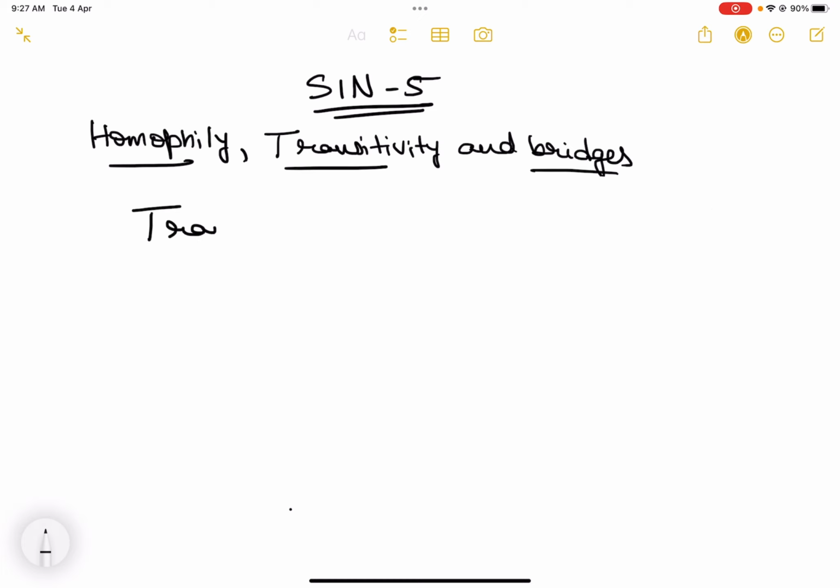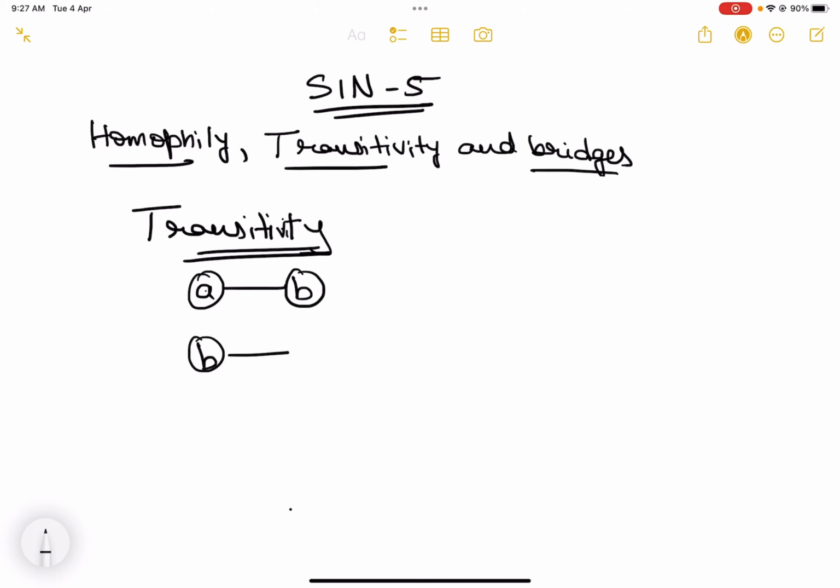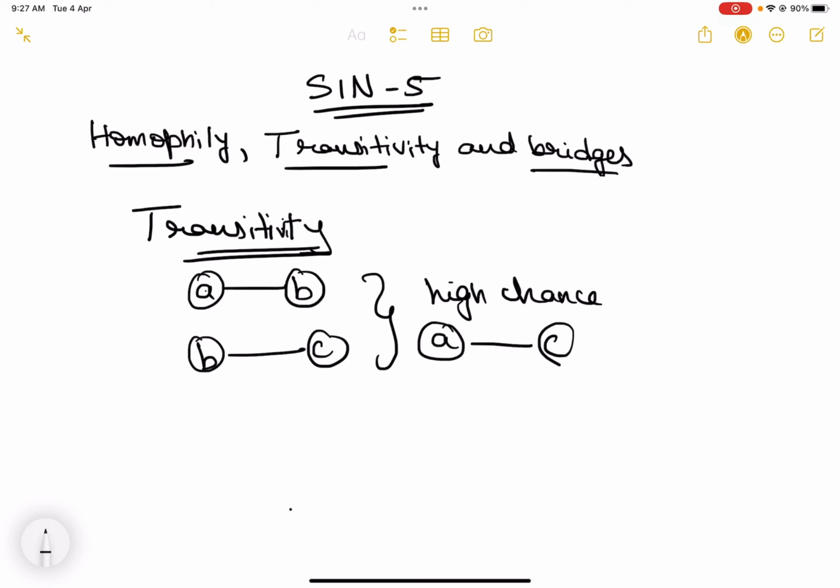Transitivity is basically a very simple concept. You may have also discussed this in your mathematics, in your functions. So this says that if A is a node that is connected to B and B is a node that is connected to C, there is a very high chance that A is also connected to C. Transitive properties we've known in math, right?